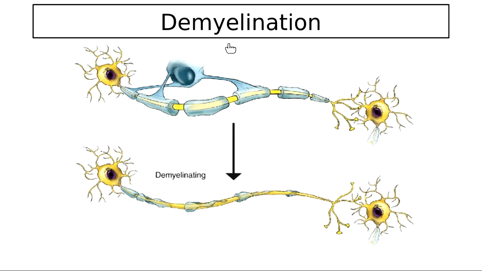Demyelination. De means the removal, so the loss of the protective sheath, in the central nervous system and the peripheral nervous system. This results in a loss of motor control and sensation. Some diseases can cause that: diphtheria, multiple sclerosis, Guillain-Barré syndrome.